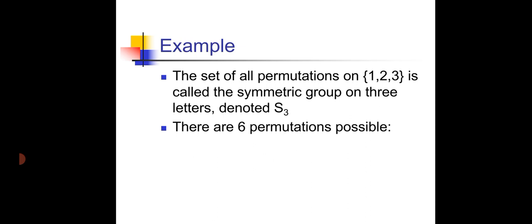Here the number of elements is 3. Therefore the number of permutations is 3 factorial. What do we mean by 3 factorial? 3 into 2 into 1, that is 6. So 6 permutations.